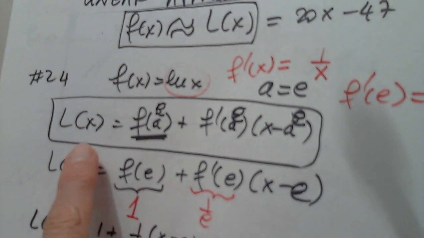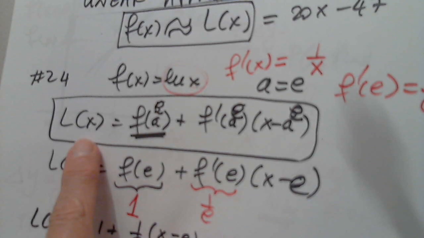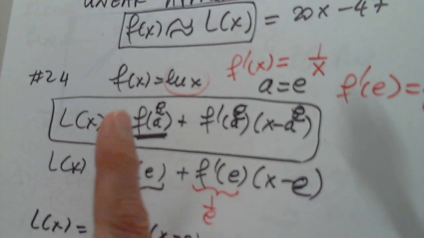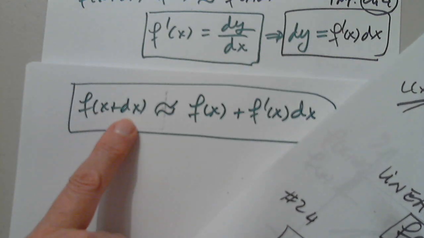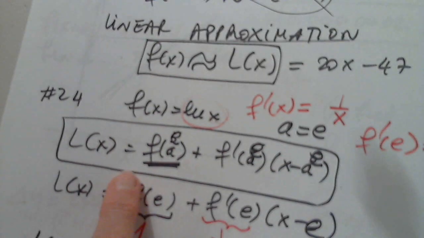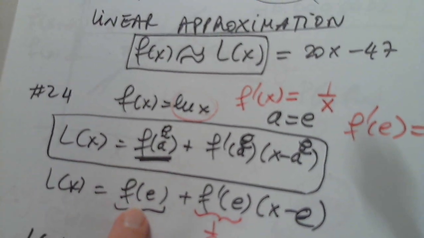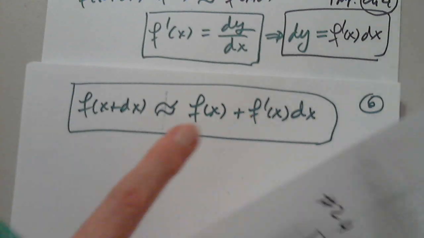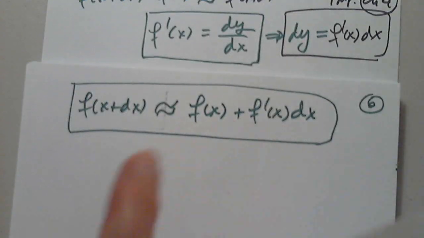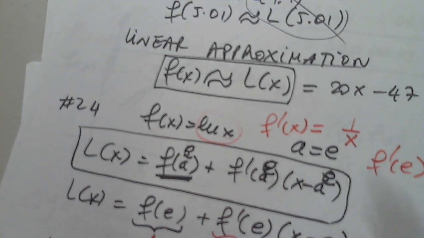And I'll tell you it's exactly the same thing. This is the linearization. So the function x plus a little error is approximately f of x plus f prime of the minor error times the minor error. So it's basically all the same.